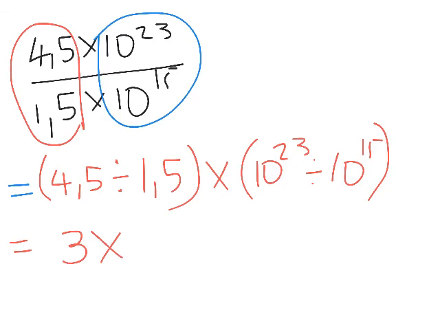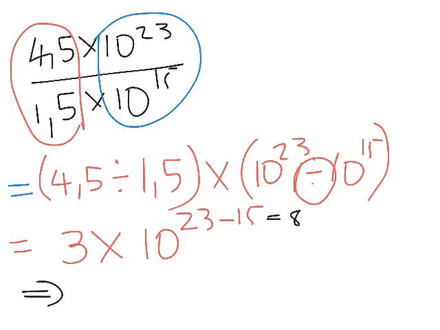Because of this divide sign, we've got powers of the same base, law number 2 of exponents, we subtract the exponents, so that's 10 to the 23 minus 15, which equals 8. So the final answer is 3 times 10 to the power 8. That is the final answer.